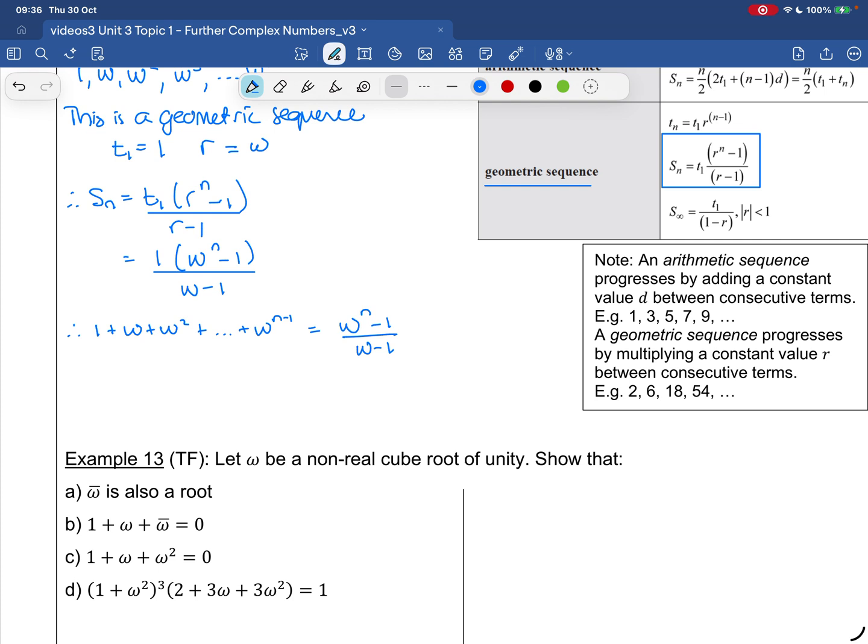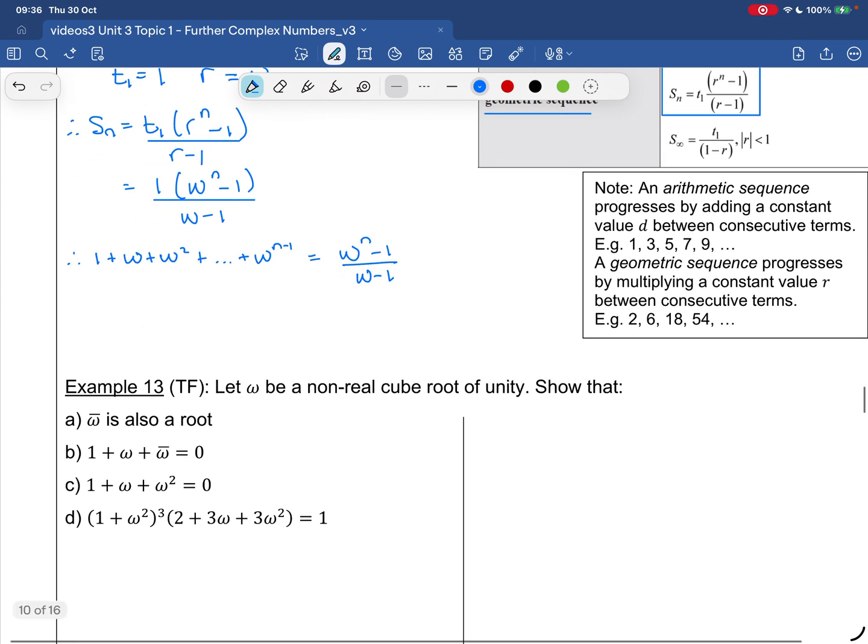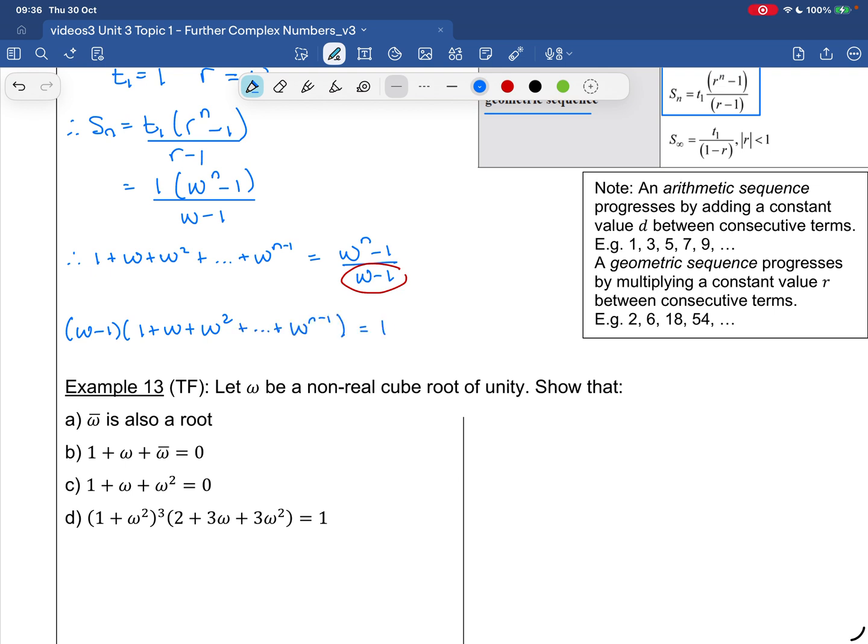But now we learned how to factorize, and we can rewrite this. I can multiply both sides by omega minus 1. So (omega - 1) times (1 plus omega plus omega squared plus etc.) is equal to omega^n - 1.